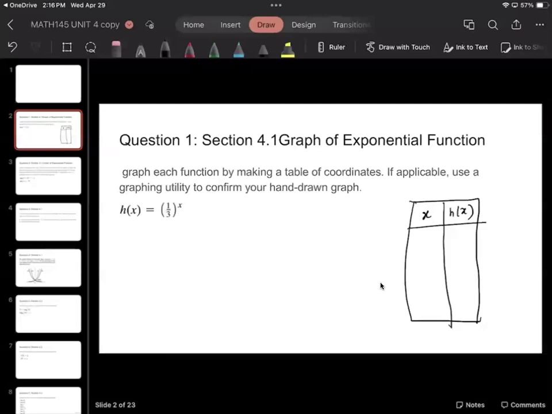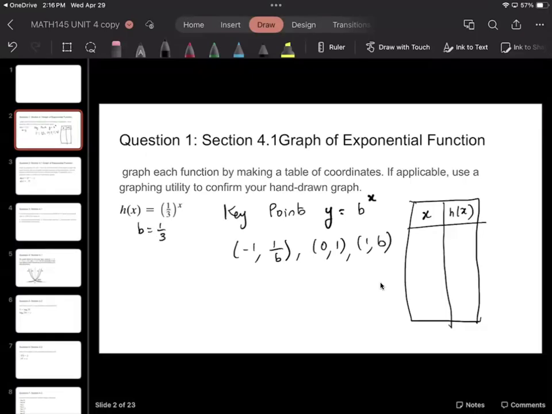But the key points that we use for an exponential function of the form y equals b to the power of x are -1, 1 over b; 0, 1; and 1, b. So here, the b value or the base is 1/3.